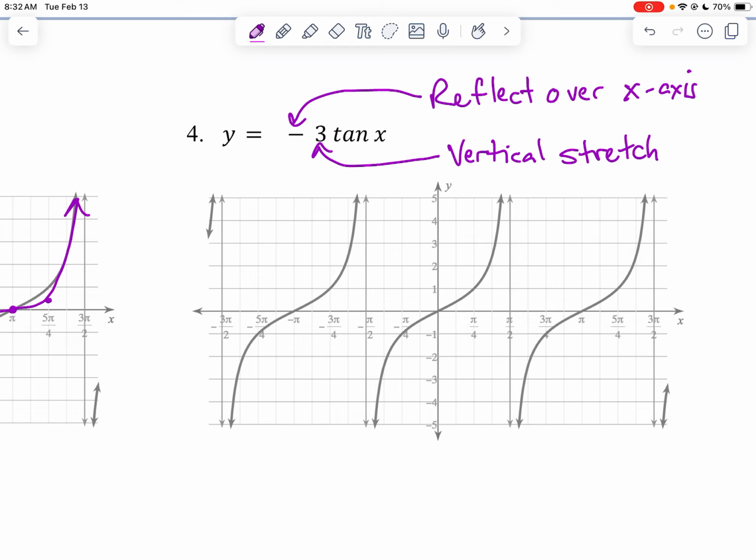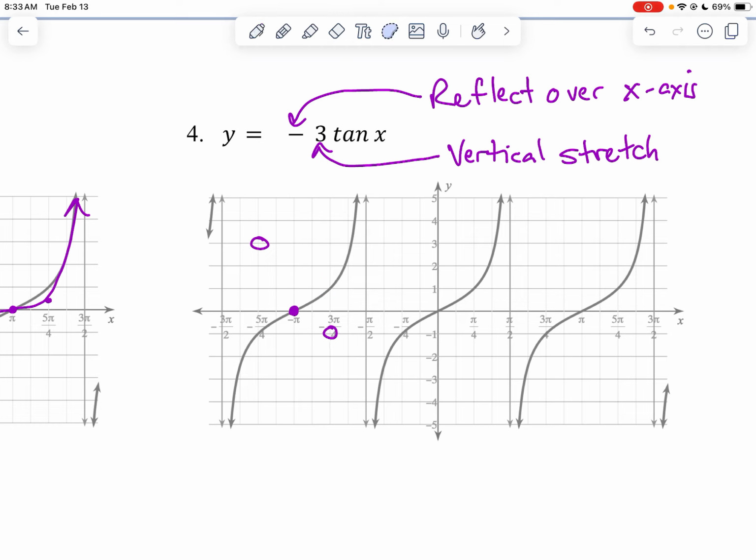So for example, the beauty of being at 0 is that it's going to stay put. If I take my key point at negative 5 pi over 4, that y value of negative 1, if I reflect it, I'd be at positive 1, and then I'm going to triple it all the way up to 3. Same thing with my critical value at negative 3 pi over 4, the y value of 1.